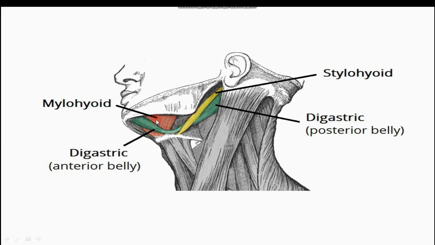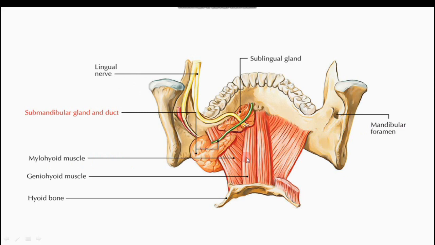The second layer is the mylohyoid. The third layer is the geniohyoid muscle; you can see geniohyoid and hyoglossus. And the fourth layer, which is not in this image, is the genioglossus from the genial tubercle.